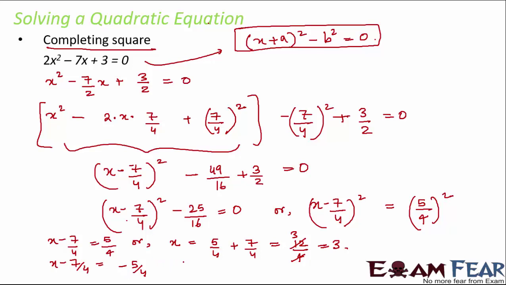So both the options are possible. So in this case, x will be equal to minus 5 by 4 plus 7 by 4, which is equal to minus 2 by 4, that is equal to minus half or minus 1 by 2. So therefore, the roots of this equation are 3 and minus half. So in this pattern, we can find out the roots of an equation by completing the square.